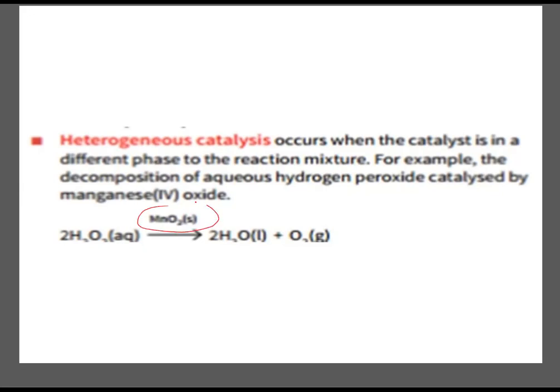The manganese oxide is in solid state, whereas the hydrogen peroxide, H2O2, is in aqueous form. So their state is not matching. When such reactions take place where the catalyst is not in the same state, we call it heterogeneous catalysis.